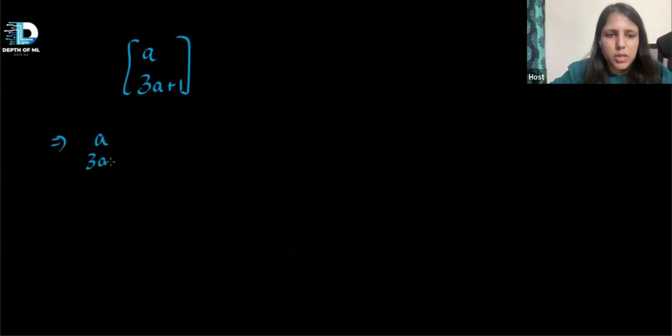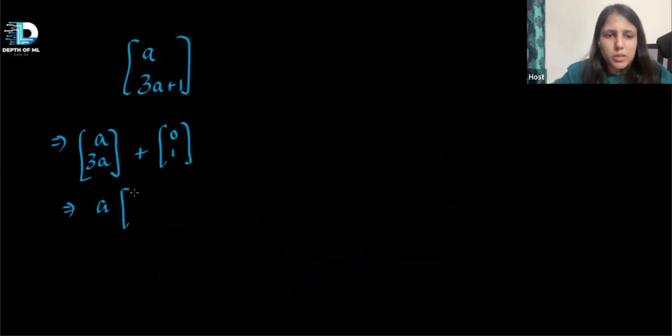Okay, let me see. So my vector is A, 3A plus 1, right? This is my vector, which is A times (1, 3) plus (0, 1), right?